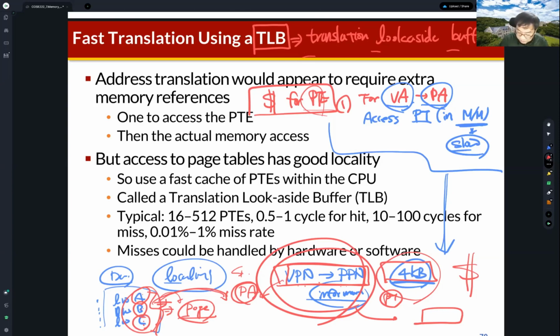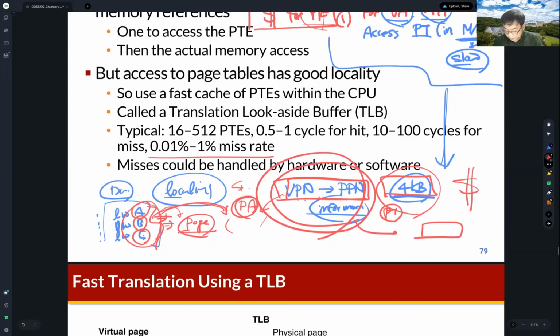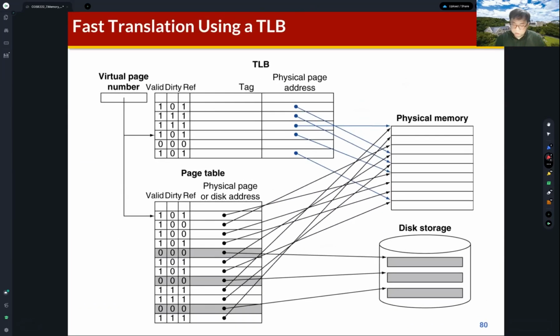So the TLB miss rate is very, very low, okay, because of the locality of data access in our application. So to support fast translation, the processor also includes a cache of the page table. It's called the TLB. Okay. So this is the structure of the TLB. I said that the TLB is the cache of the page table.